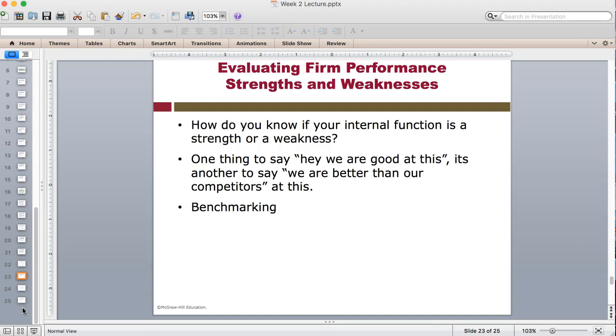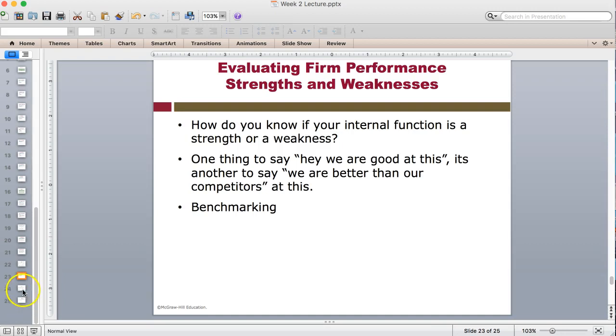So the question then becomes, how do you evaluate performance and determine whether in fact your company is good or bad at that function, and whether it's a strength or a weakness? And so what I do here is I talk about benchmarking.